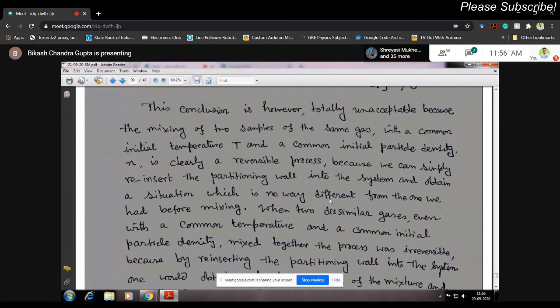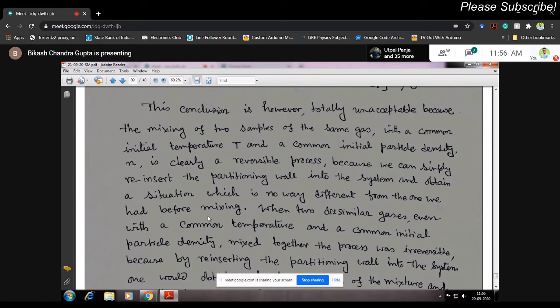You cannot make out the difference from the one we had before mixing. তুমি মিক্স করেছো, করার পরে আবার পার্টিশন ওয়ালটা একই জায়গায় ফেলে দিলে, there is no way that you can distinguish that you have done anything new to the system compared to before mixing.